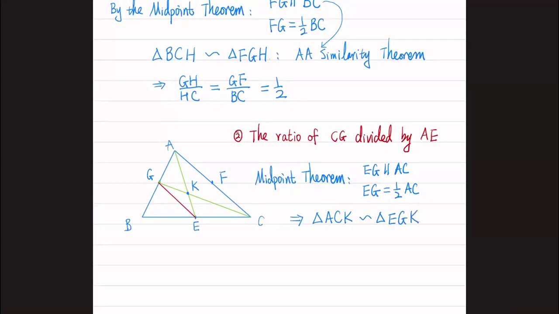Okay, so I will skip the step. The two triangles are similar. The corresponding sides have the same ratio. So GK over KC, with GK from this triangle and CK from this triangle, corresponding to this over this.